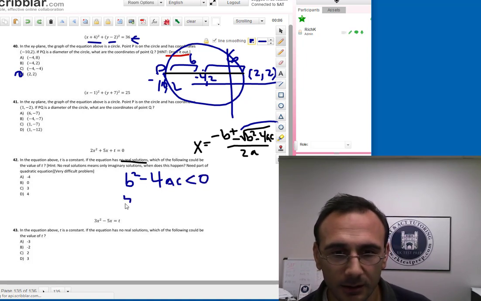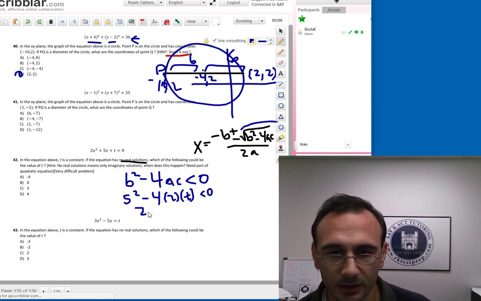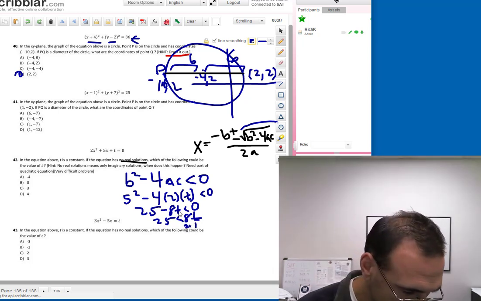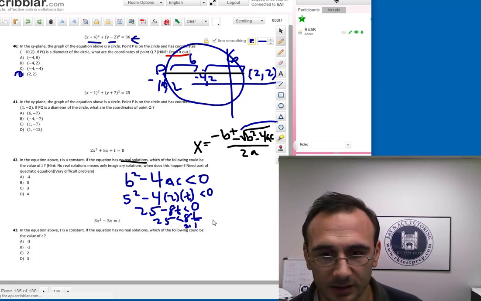And then we could sub in for b, a, and c and solve. And we get that 25 minus 8t is less than 0. 25 is less than 8t. 3 point something. 3.1 is less than t.